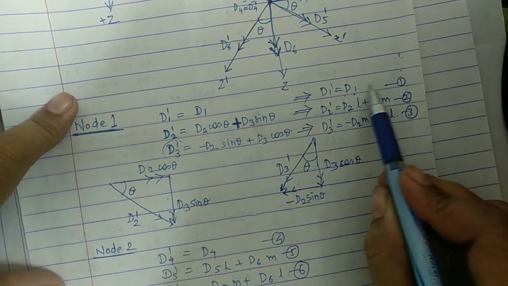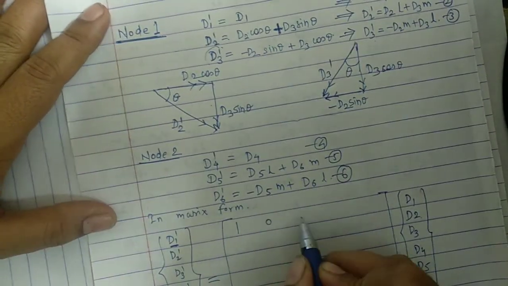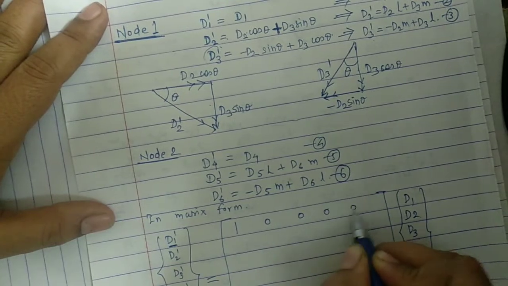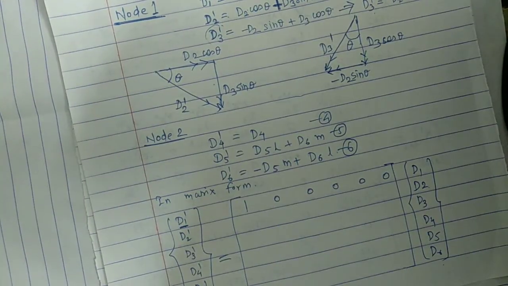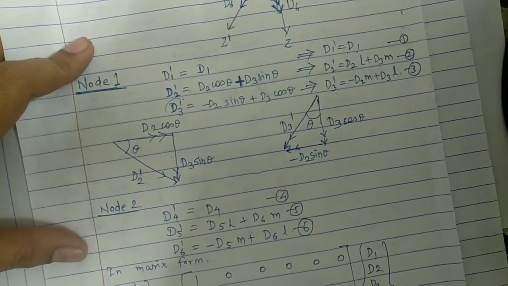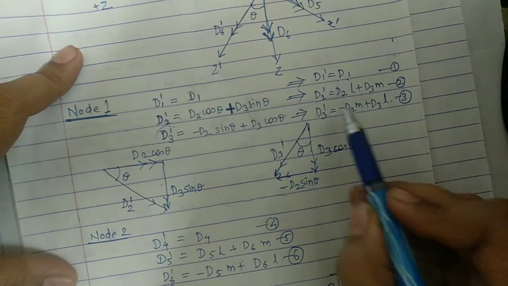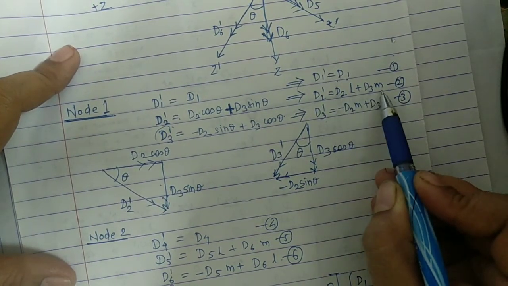So in the next line write 0 0 0 0 0. Then for the d2 dash equation, we only write the coefficients from d1 to d6. In the d2 dash equation, there are coefficients only for d2 and d3.